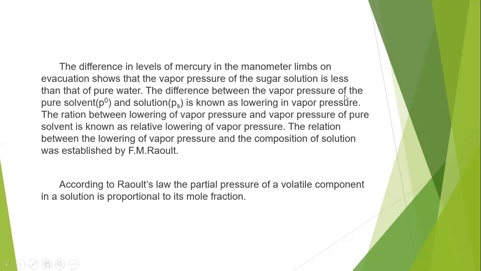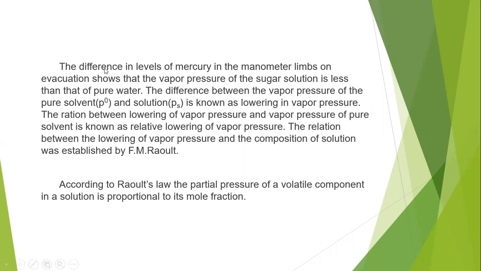The difference between the vapor pressure of the pure solvent and the solution is known as lowering of vapor pressure. The vapor pressure of a solution is less compared to the vapor pressure of a pure solvent, and whatever difference exists between them is nothing but the lowering in vapor pressure.